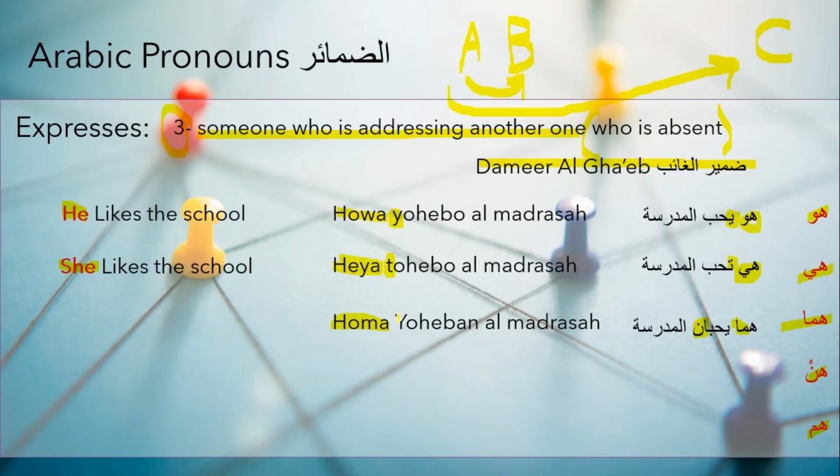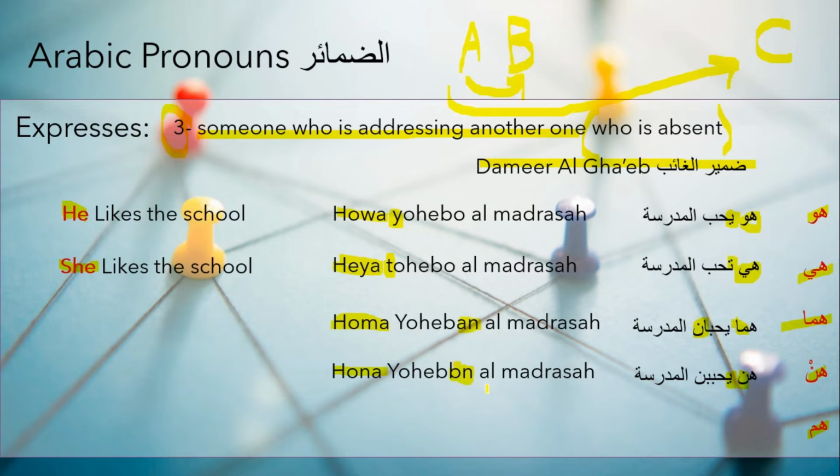هما يحبان المدرسة. As you can see here, هما يحبان, like هو يحب. The only difference here is that ألف نون is added at the end. يحبان المدرسة. هن يحببن المدرسة.